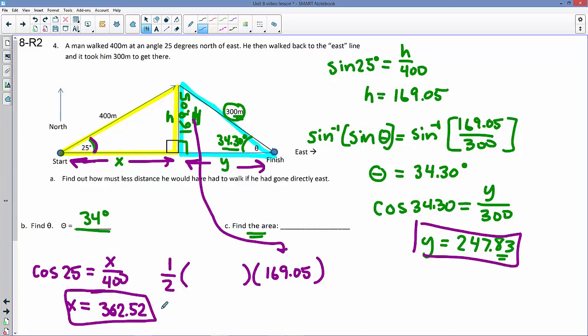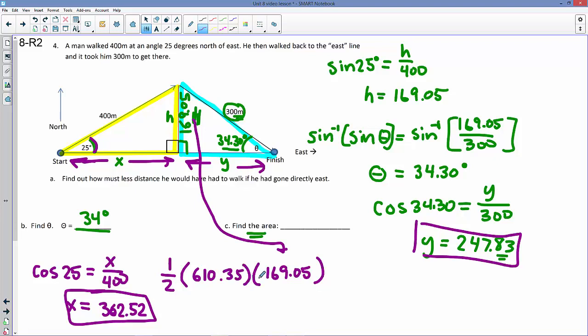So I'm going to add 362.52 to y, which is 247.83. And I'm going to get an answer of 610.35, I believe. I can read my calculator.